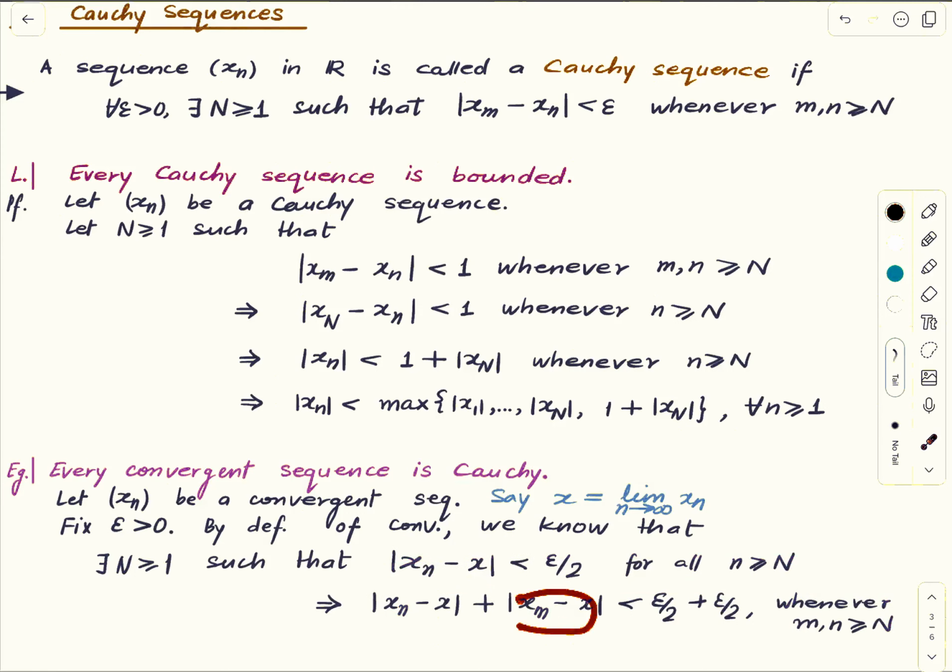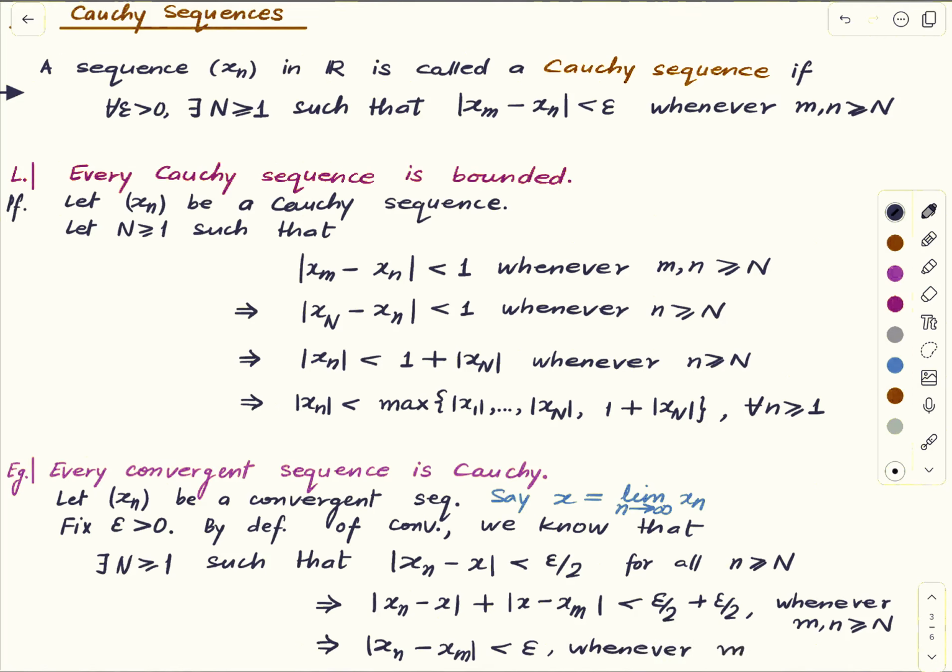And let me write this just somewhat differently. Right? And now by triangle inequality, we have xn minus xm is at most epsilon whenever, there is no space. Right.